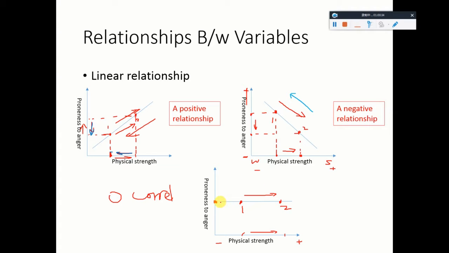So we use a straight line that is parallel to the axis to describe this relationship. And you can say that it will be the same if we draw a line that's parallel to the y-axis.